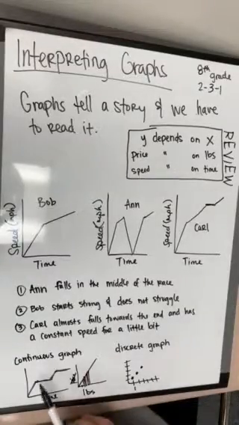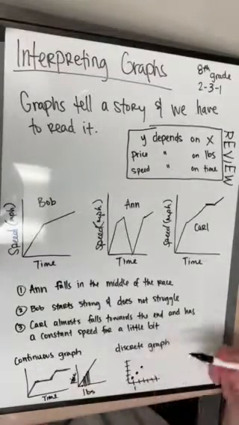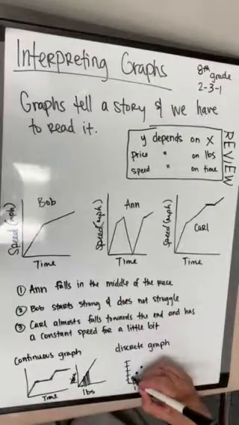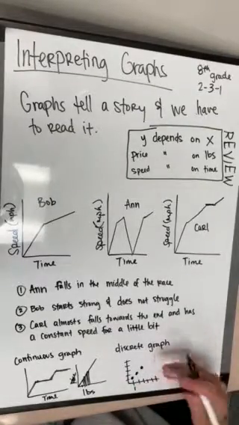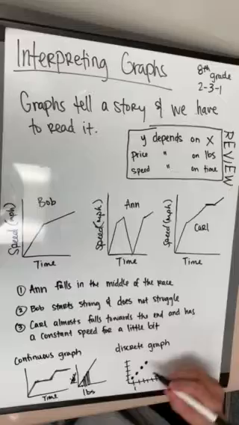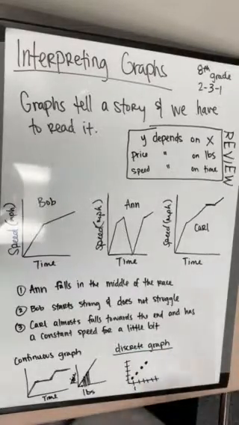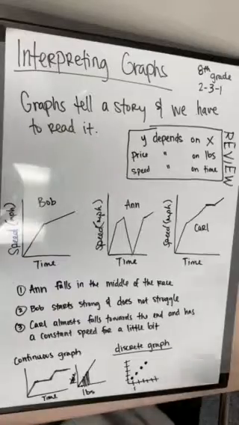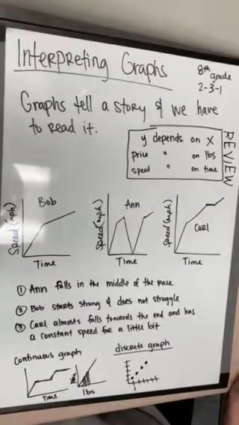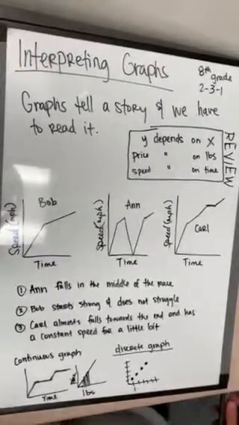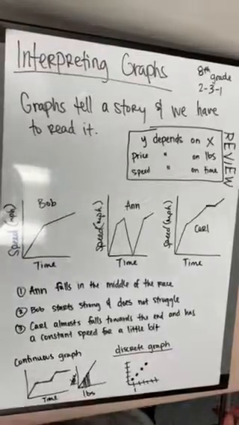So those are considered continuous graphs. If it stops and you're only buying 1 or 2 or 3 or 4, and nothing in between, that's considered a discrete graph. They show different things and you need to read them a little bit differently. We're going to do some more here in a second.